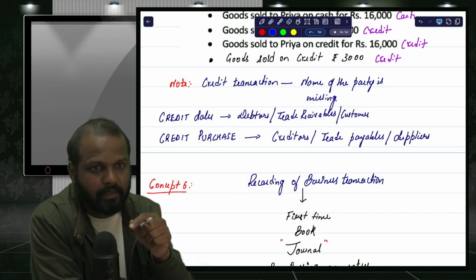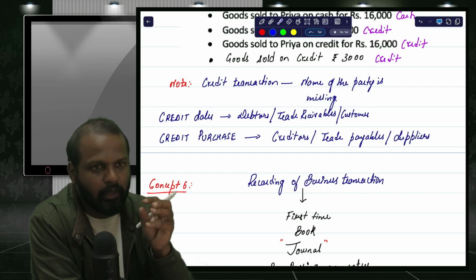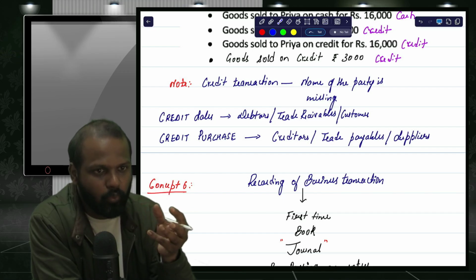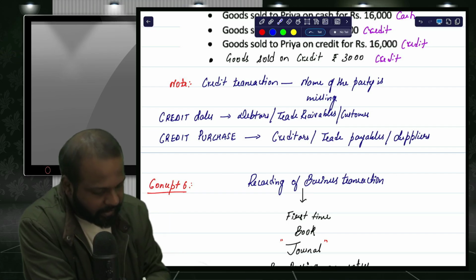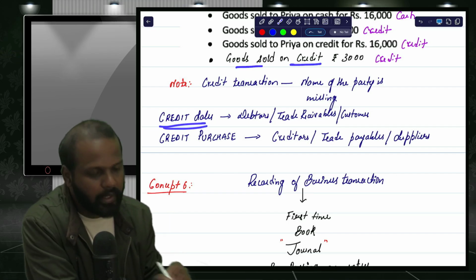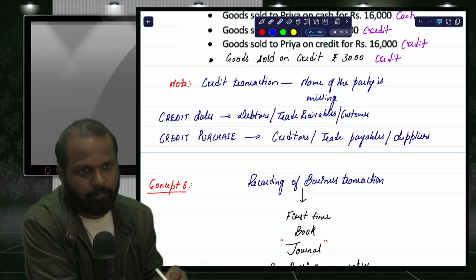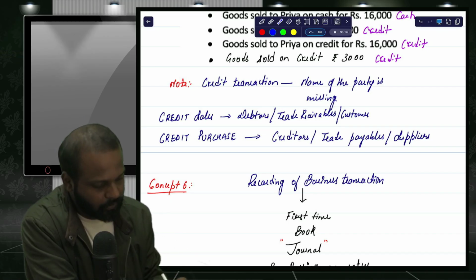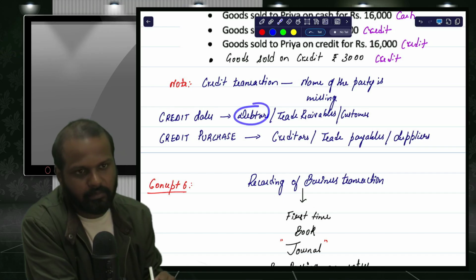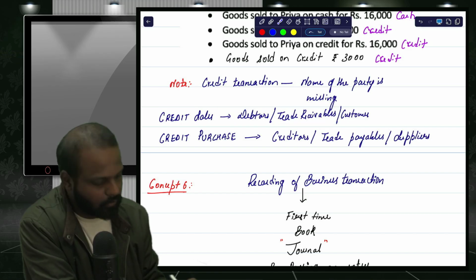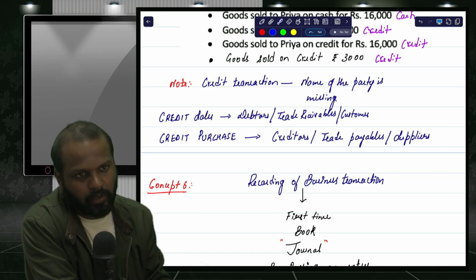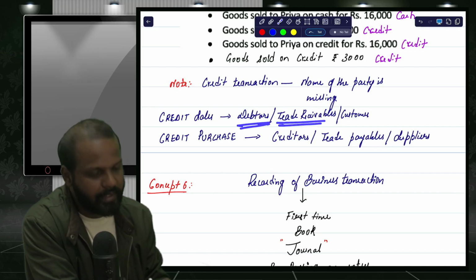Debtor means a person to whom we have sold the goods on credit. Customer is called a debtor, a person from whom we have to receive the money because you have sold the goods on credit. So whenever there is a credit sale of goods but you don't know the name, use some common name: debtors, or trade receivables, or customer account, trade receivable account, or debtors account.